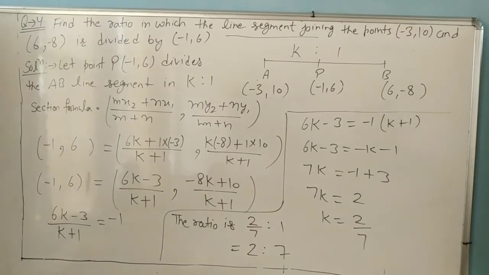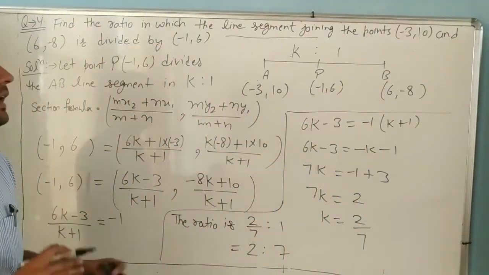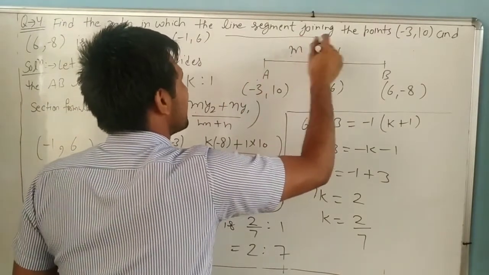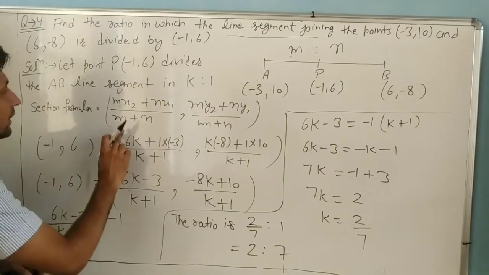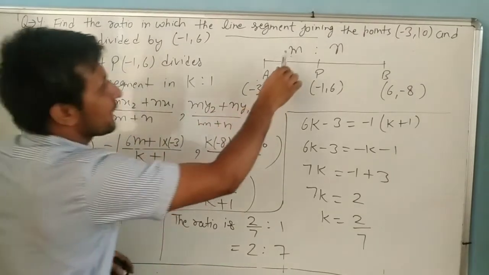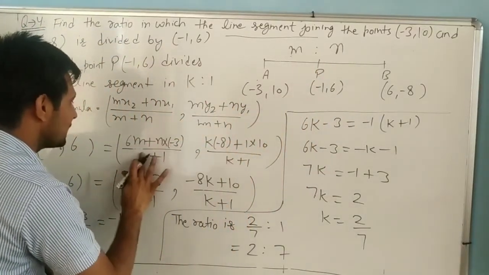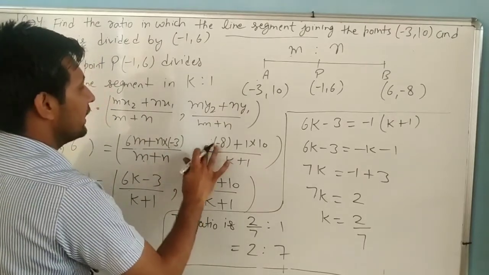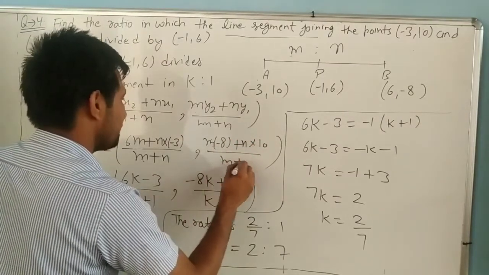Now dear, you ask, sir, why did you not take m ratio n? By taking m ratio n, also we can do this question. What happens if you take m ratio n? In place of k, it comes m, 6 into m, n into minus 3, it comes n, and it is also m, and it is also n, again it is m, it is n, and it is m plus n.